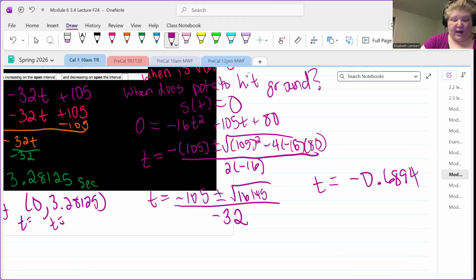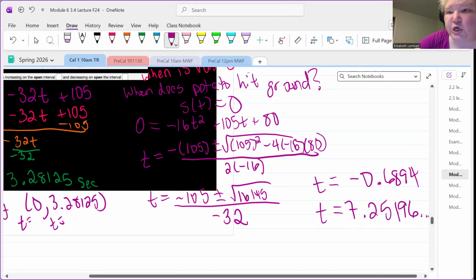Right, now I'm going to rewind. Negative 105 minus the square root of 16145 is negative 232 something, and now I'm going to divide this by negative 32. And I get 7.25196, blah, blah, blah.